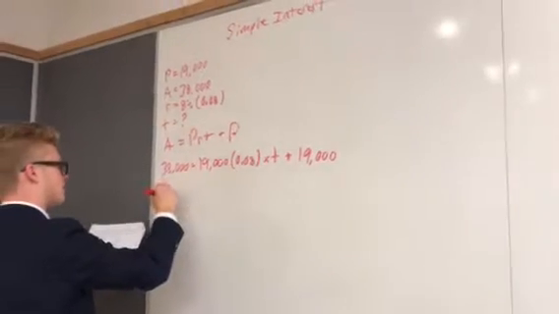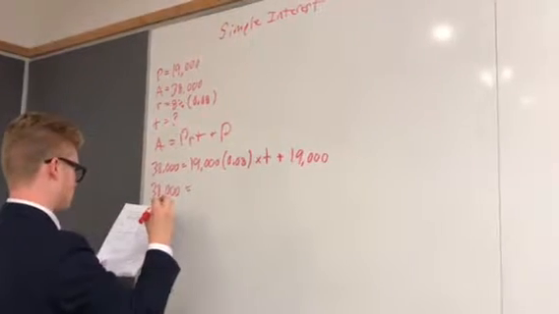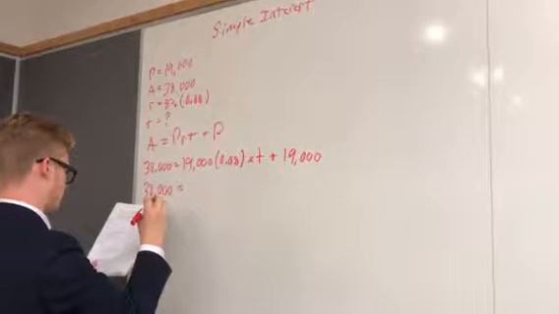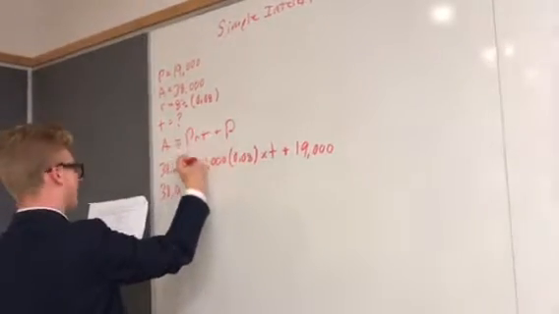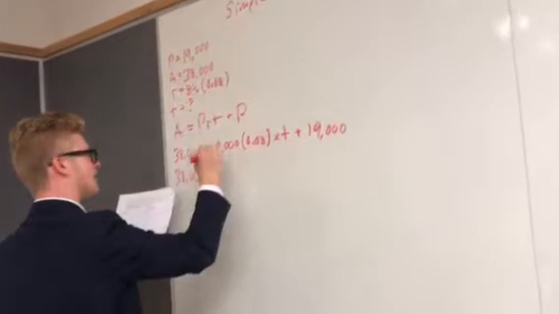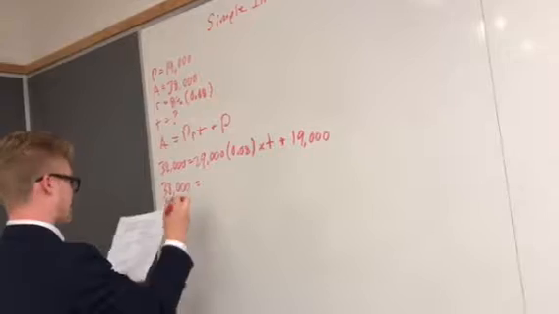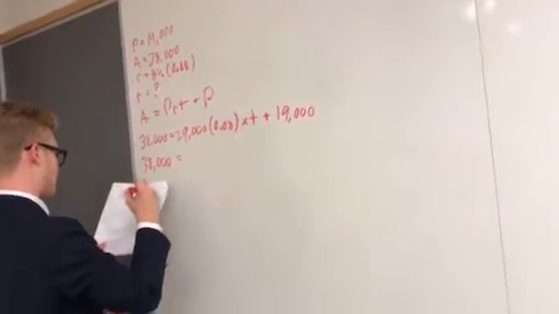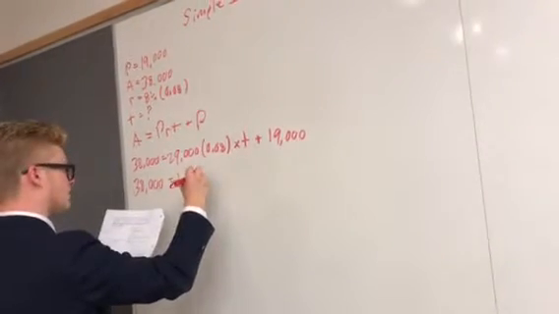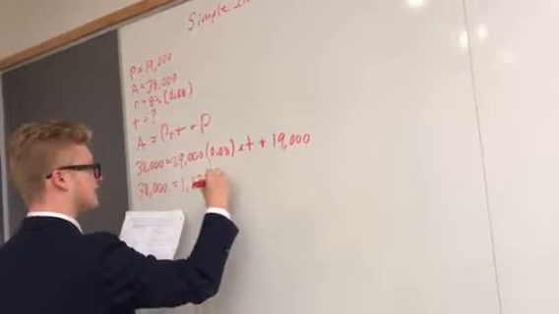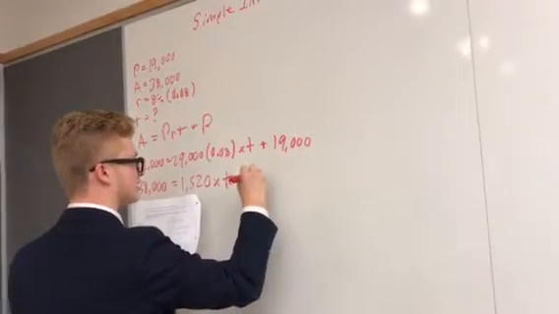So 38,000 again will then equal, never mind, I made a mistake up here. This part will be 1,520, when you multiply it together, that's what you'll end up having. And then for the next line below, what you'll have is 38,000, which will equal 1,520 times T, and then plus your original 19,000 at the end.